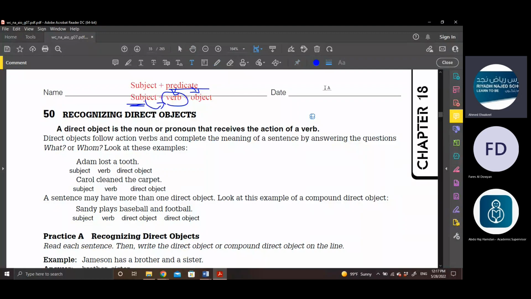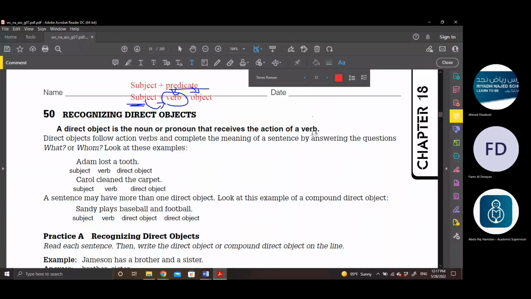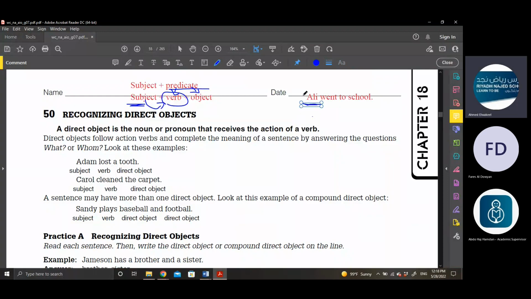For example, when we say Ali went, here in this example the noun is Ali, and Ali is the one who went to school, the person doing the action verb. Consequently, we call Ali a subject.